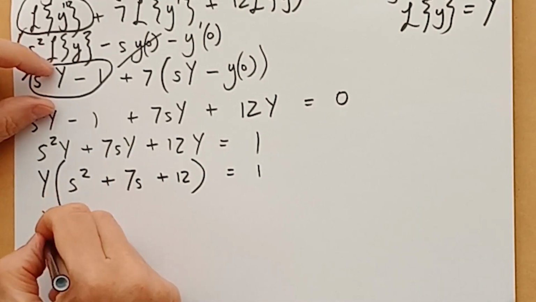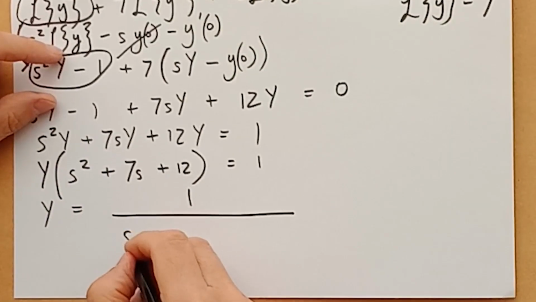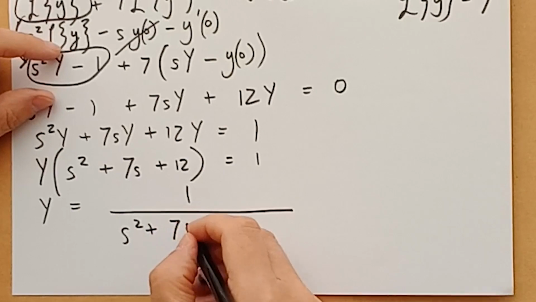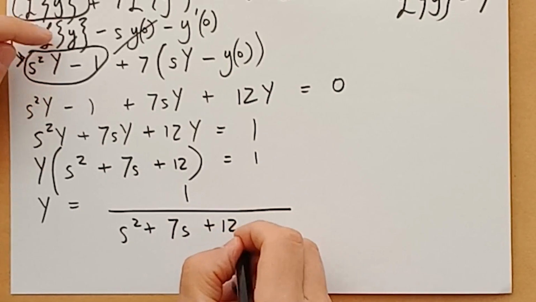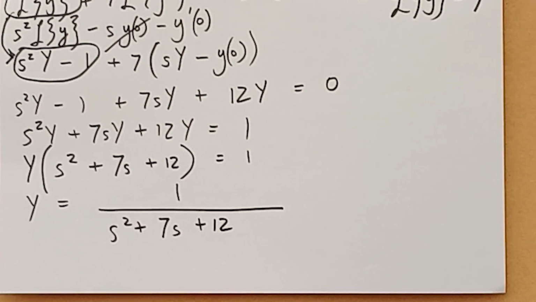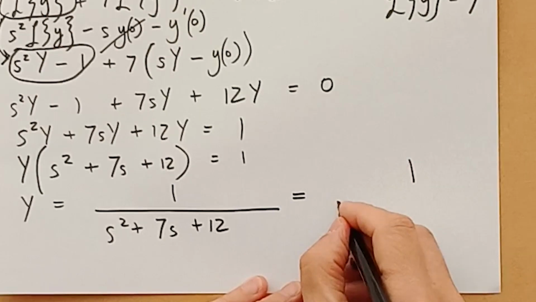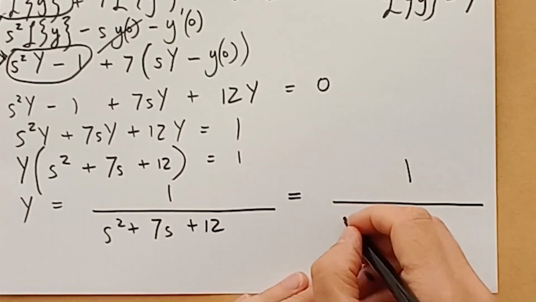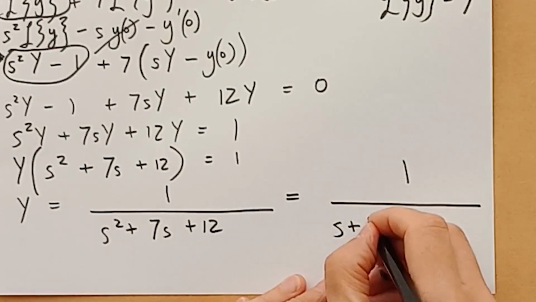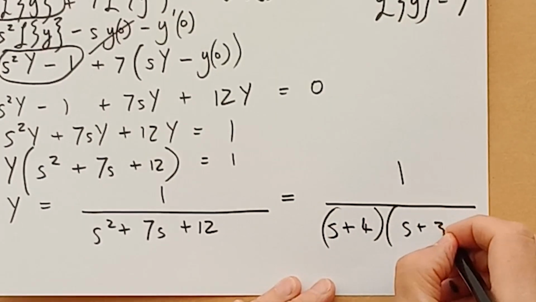So Y equals 1 over s squared plus 7s plus 12. And we can write this in another way, equals 1 over, and I think you'll find it's s plus 4 multiplied by s plus 3.